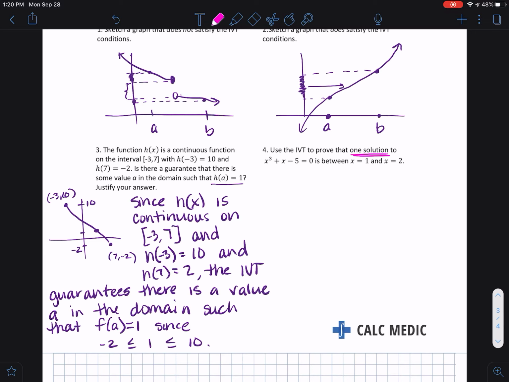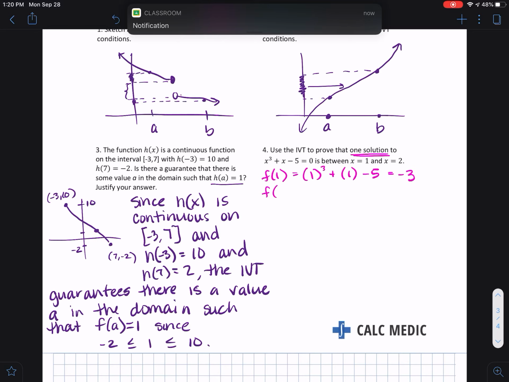So let's find f of 1 first. f of 1 is 1 to the third plus 1 minus 5. That's 1 plus 1 is 2, 2 minus 5 is -3. So f of 1 is -3.